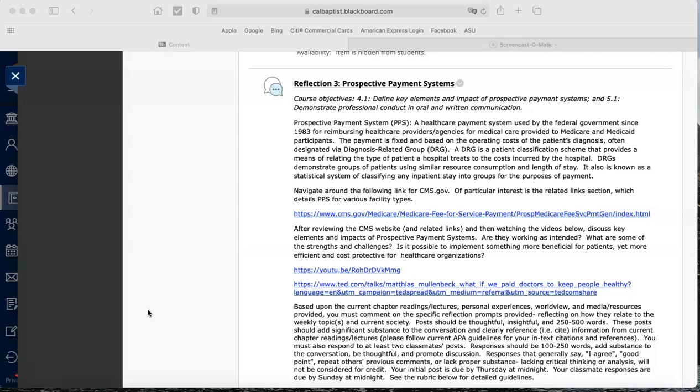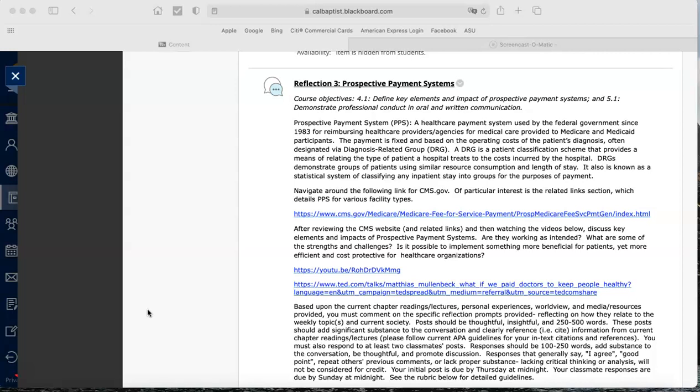So if you have a DRG for hypertension, you may have, and I don't know that these tie back out, but as an example, you may be allotted 4 days length of stay. And that's all you get paid for. You get the amount that is related to that code for up to 4 days. So if someone stays longer than that, then there's no reimbursement for those additional days.